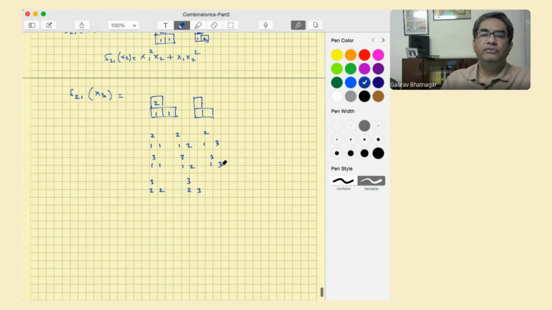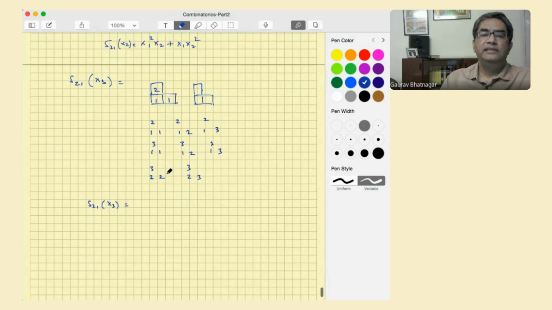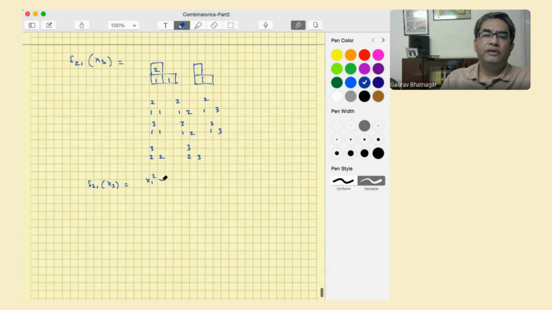So there are 1, 2, 3, 4, 5, 6, 7, 8 terms. And we have S21 of x3 is x1 square x2 plus x1 x2 square. This will give me x1 x2 x3 plus x1 square x3 plus another one of this.